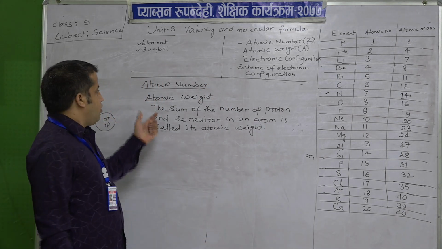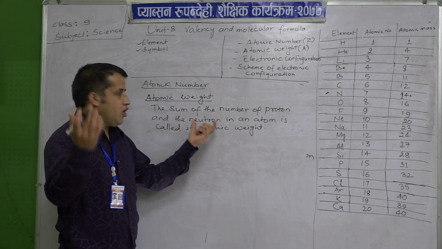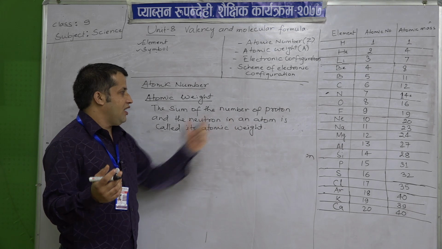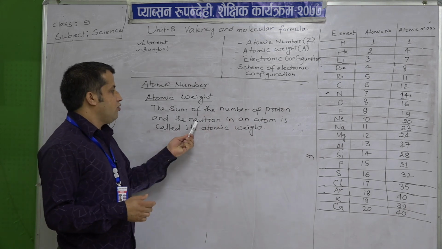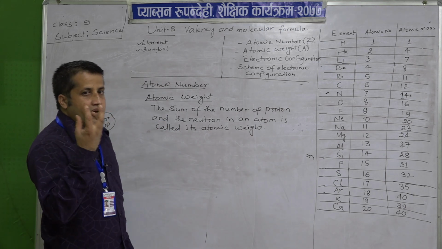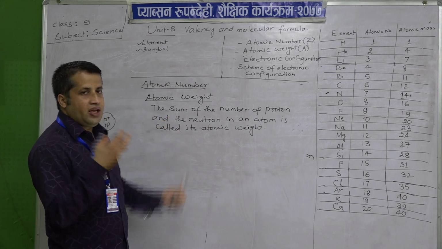So, atomic weight is the sum of the number of protons and neutrons in an atom, and we already know neutrons and protons lie at the nucleus. So, the mass of the nucleus of an atom gives us the atomic weight.